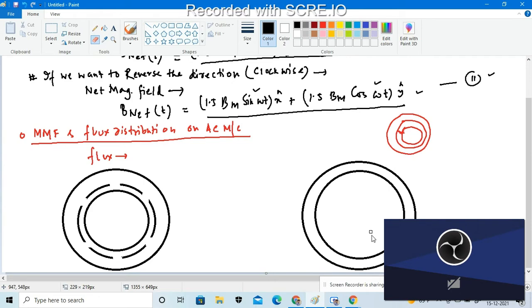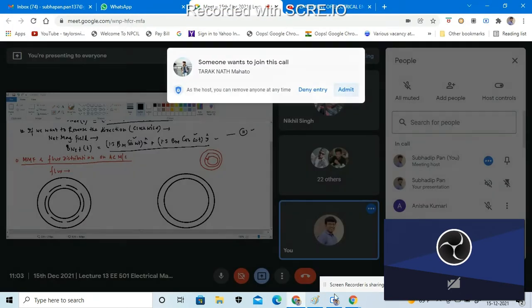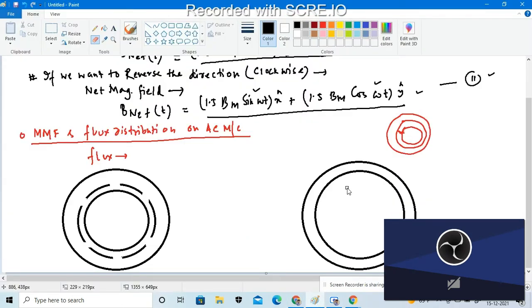And in figure B, we are considering four-pole machines. So we have 12 different coils.